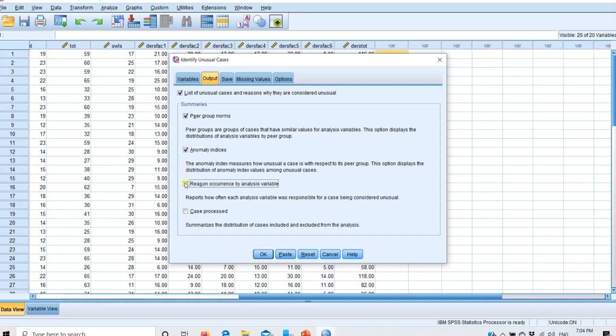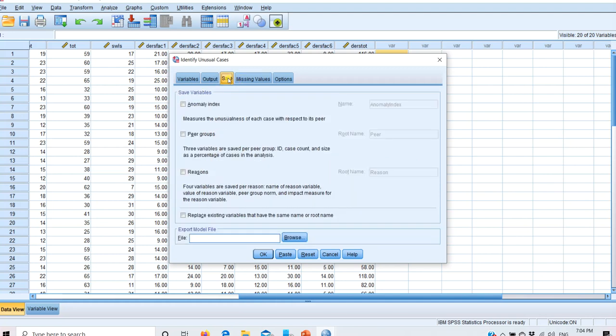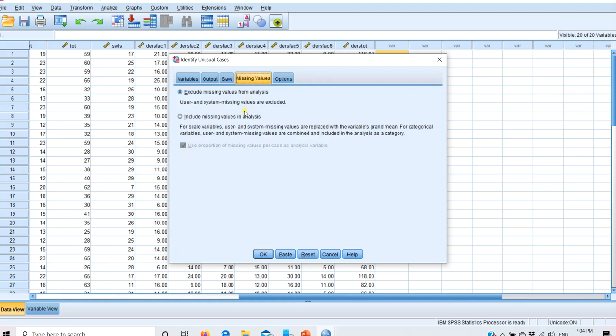Why the case is anomalous, the reason of occurrence by analysis, and cases processed. So in the output, we will get all these things. There are something to be saved, anomaly index, and these things can be saved also, but I am not going to save. Now tell how to handle exclude missing values from the analysis. So it will exclude the missing value from the analysis.